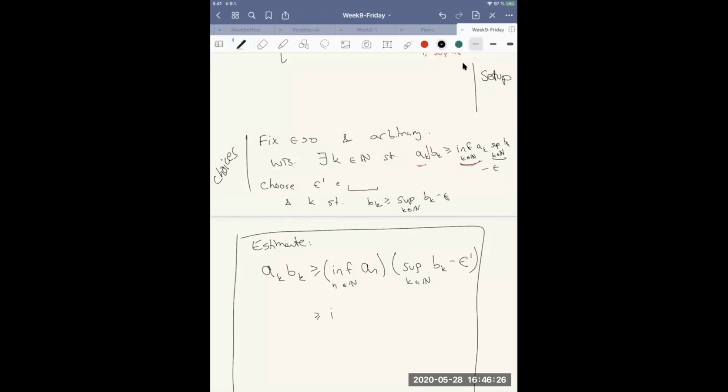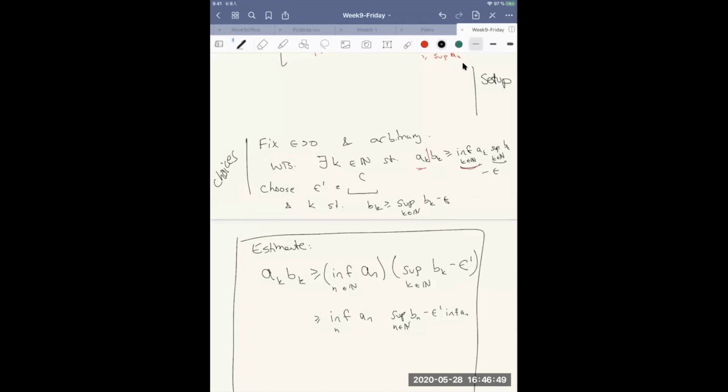But now let's spread this out. Infimum a_n, supremum b_n, and I'll switch an index again, minus epsilon prime infimum a_n. And okay, here we would like to put epsilon there. We'll have to do a little choices. So we'll set it as epsilon over infimum a_n, if infimum a_n is not equal to 0.